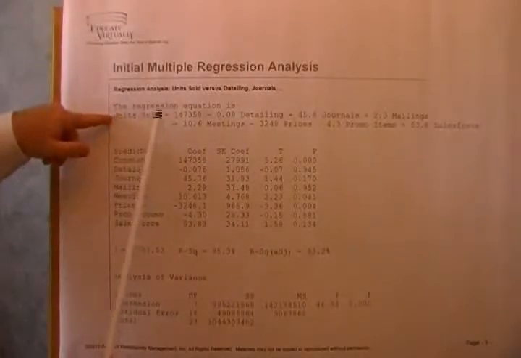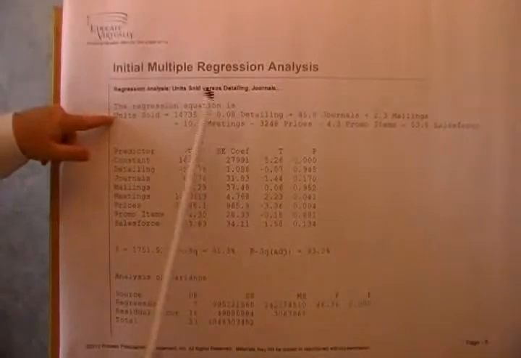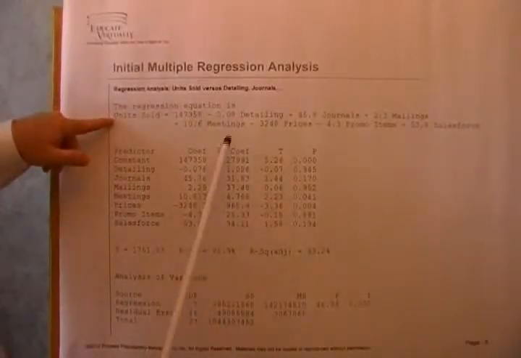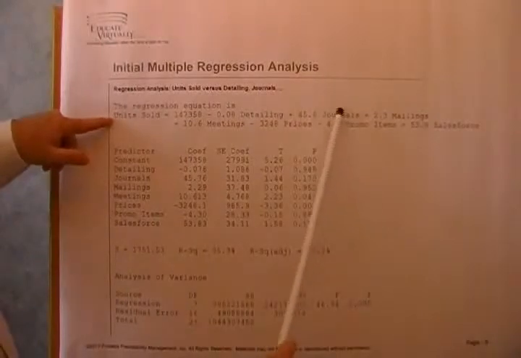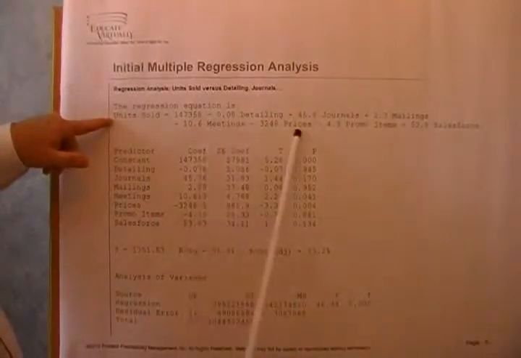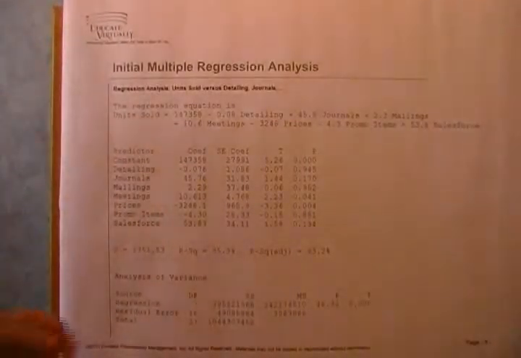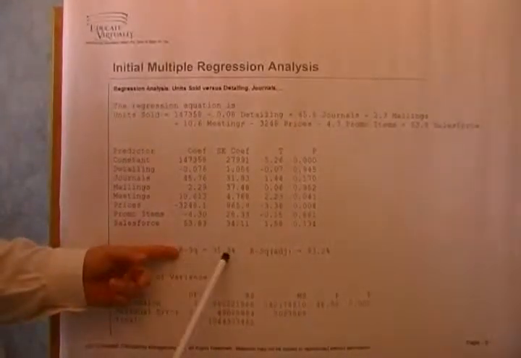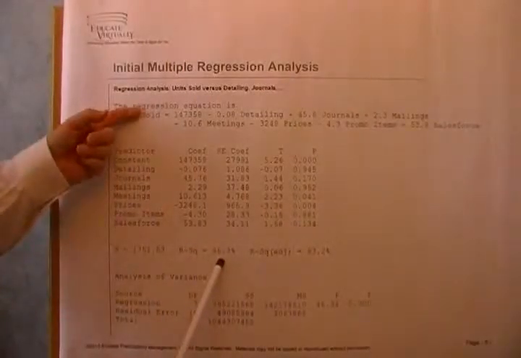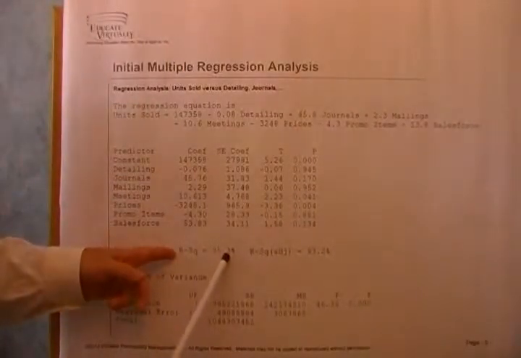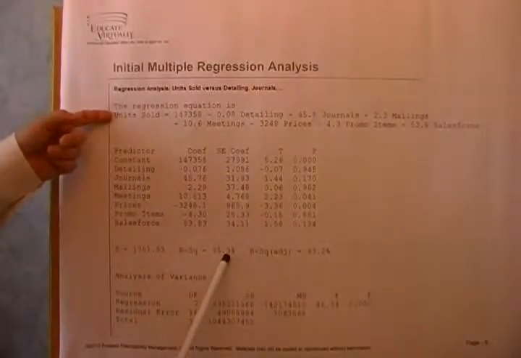We end up with an equation that says that our units sold is a function of our intercept minus our coefficient times detailing, and then journals, mailings, meetings, prices, promo items, sales force. Everything's included in the model. It says that our R squared value is 95.3%, which means that this equation explains 95.3% of the variation that we see in the units sold.